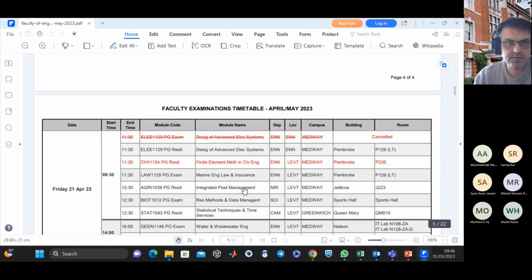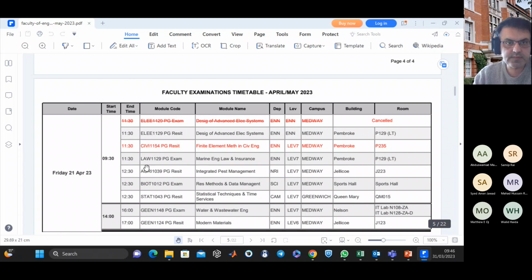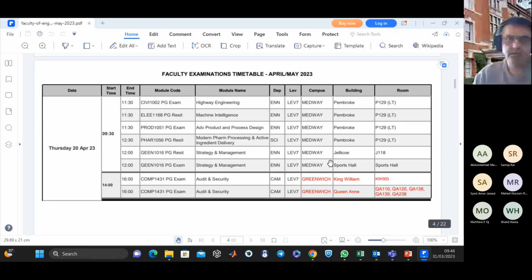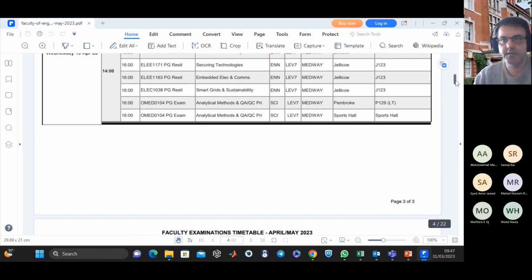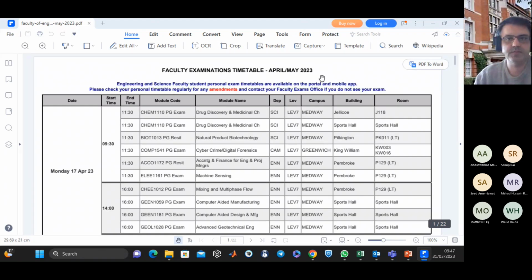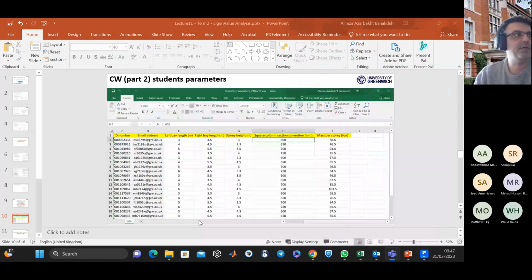For example, 21st of April. This is the latest file I downloaded from the website, so you can check it on your own as well. I downloaded it from the exams section, and I assume this is the final one. I think everything is inside this, and you can find all the exams, dates and times.